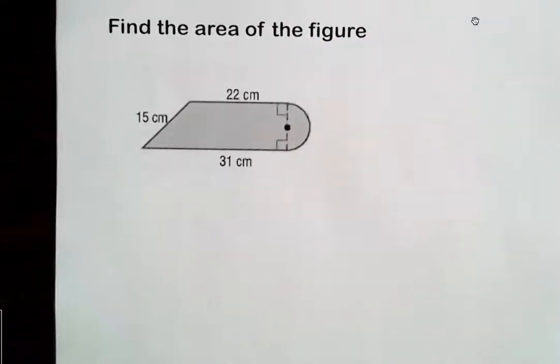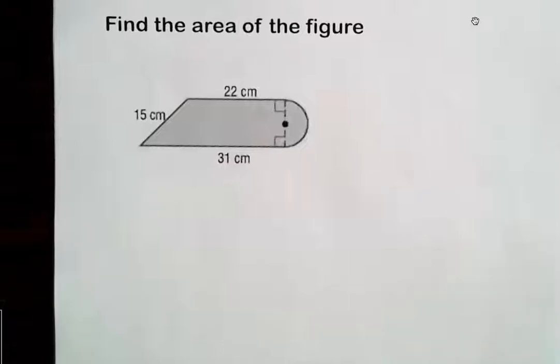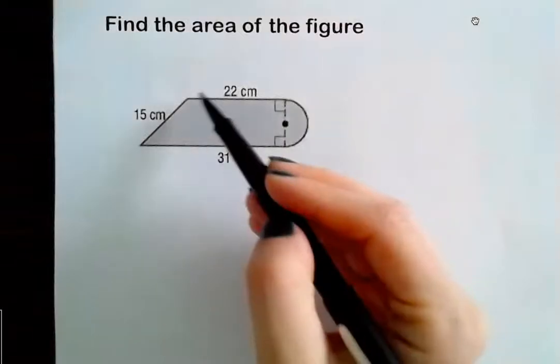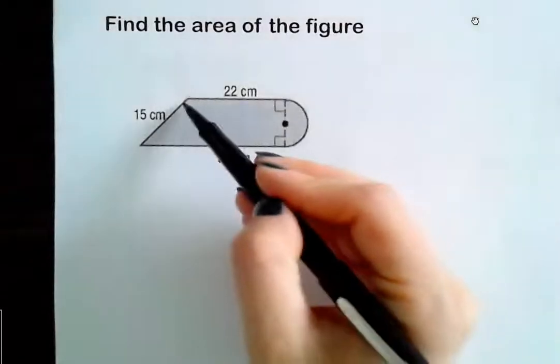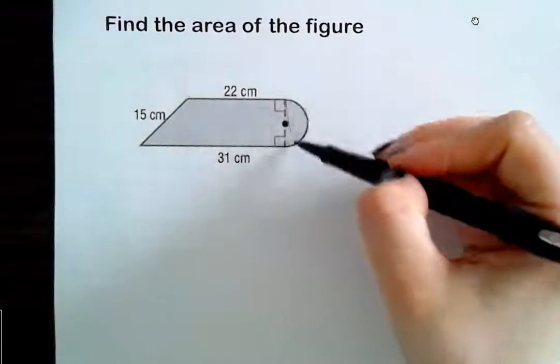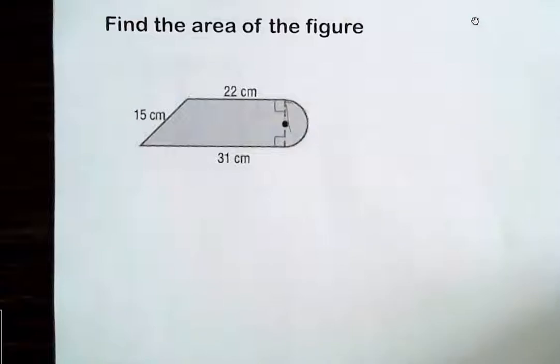Find the area of the figure. So, this one's a little more interesting. I see in my brain a trapezoid here and a semicircle, right?